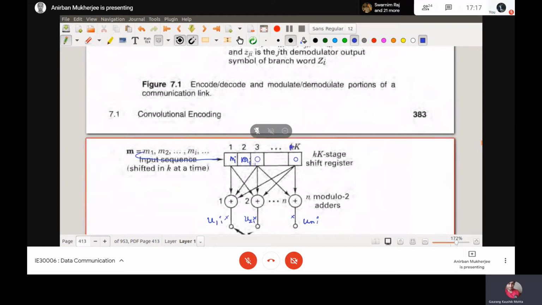You need not write like this. From the book's perspective, generally people write 1, 2, 3, capital K stage register. That's it.